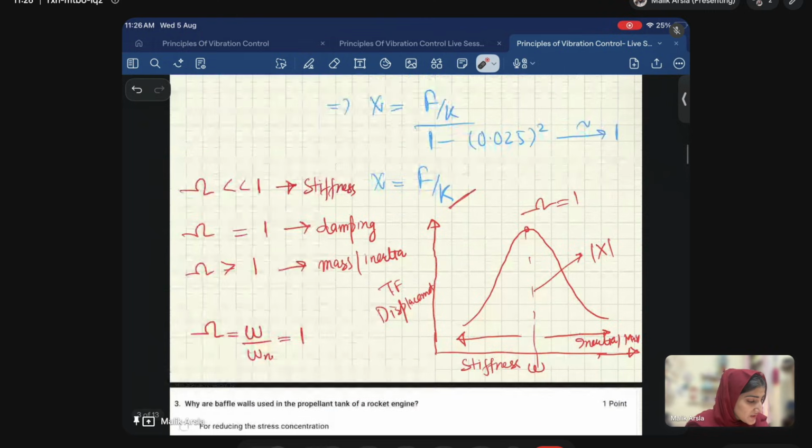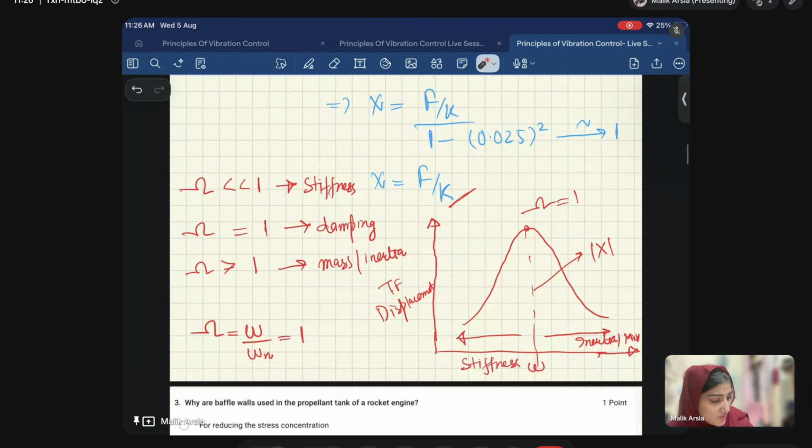Okay, now you can also remember from the lectures that there was this transfer function versus omega graph which was shown. Here we are using the displacement.